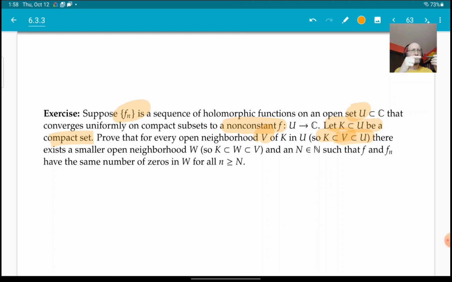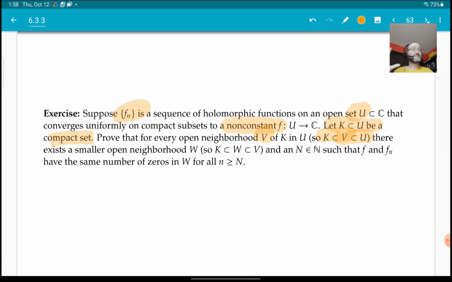K can be weird. If the zeros move just a little bit, they might move off of K. Also this neighborhood could be very far away, so there could be some zeros coming out there that are not even close to K.